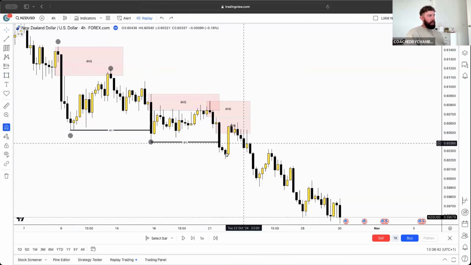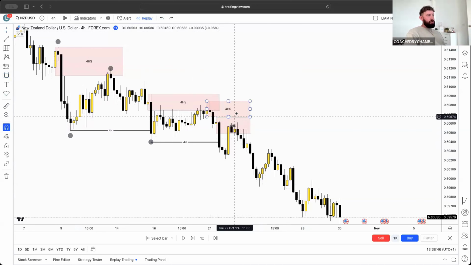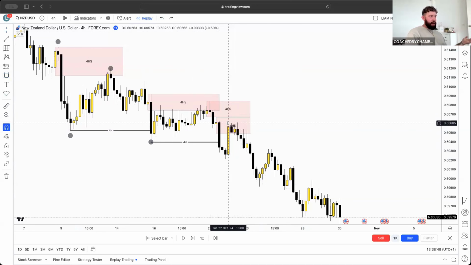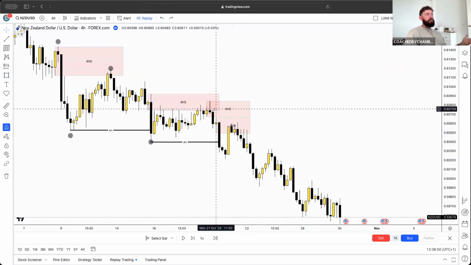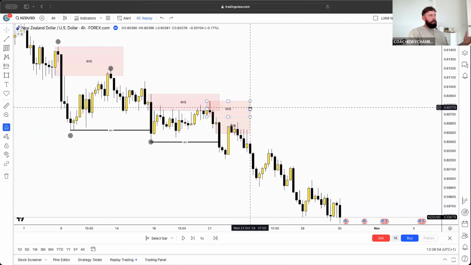Whereas I'm happy to go, okay, if the market pulls back into this supply candle and goes right through and I lose 1% of my account, I'm happy with that, because this is my next supply candle. If I lose 1% and I gain 3, 4, 5, 10% on this supply candle, guess what? I'm happy to lose that 1%.